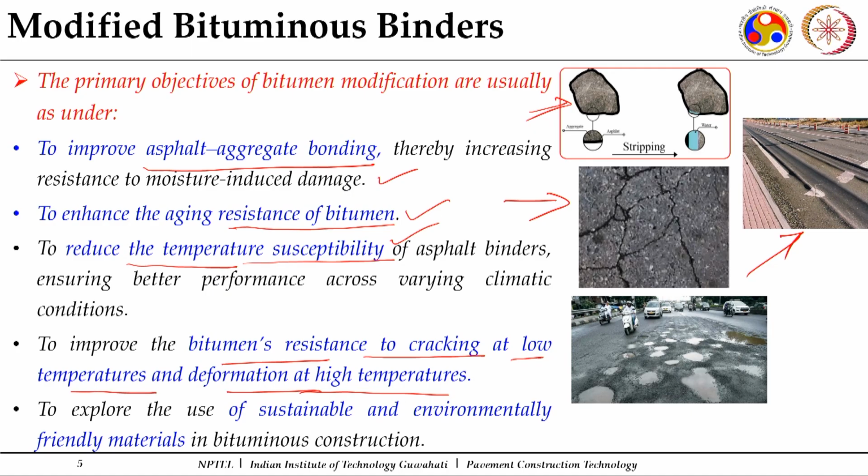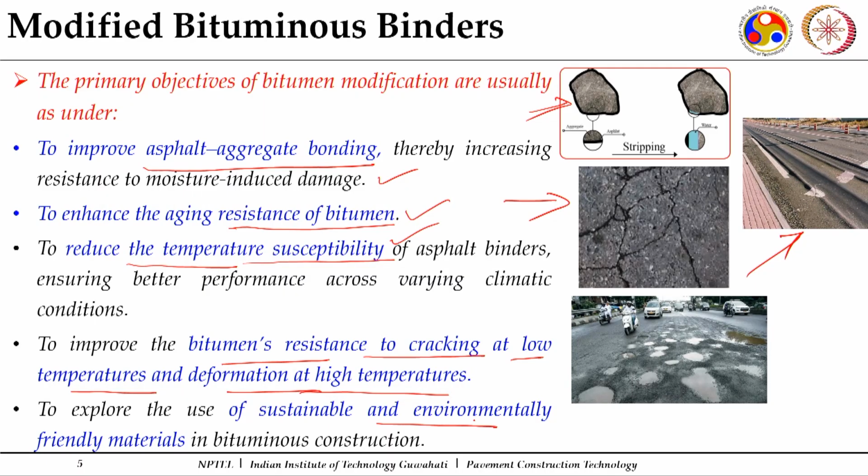when the binder becomes soft at higher temperatures. And certain modifications are also attempted with some products to add sustainability to these bituminous mixes, like you might have heard of the addition of waste plastic as a modifier in bituminous mixes. So, the binder is modified through the use of waste plastic.